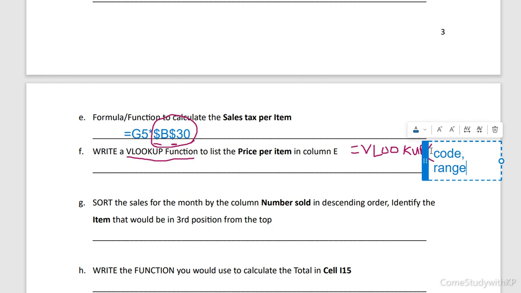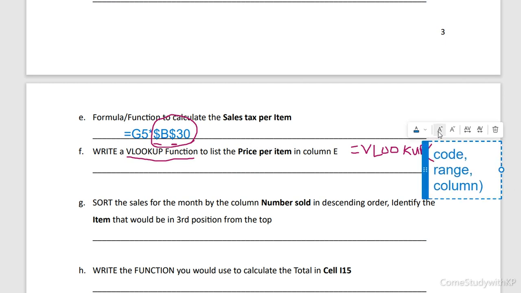Usually it is a range of cells. And you also need the column that you're going to look in for the value that you want to put in the cell. So you need the code, which is the item that you're looking for. The range is where you're going to look for it. And the column is where you're going to pick up the value that you want to put in the cell.